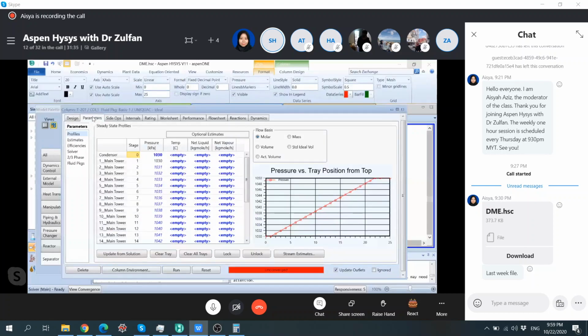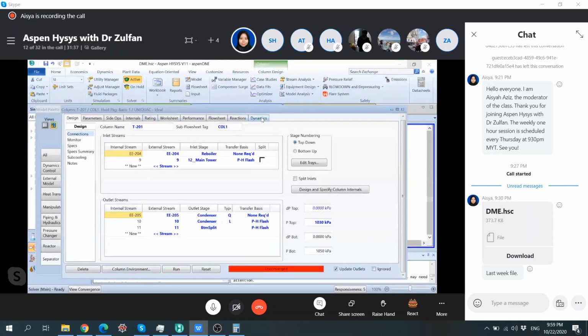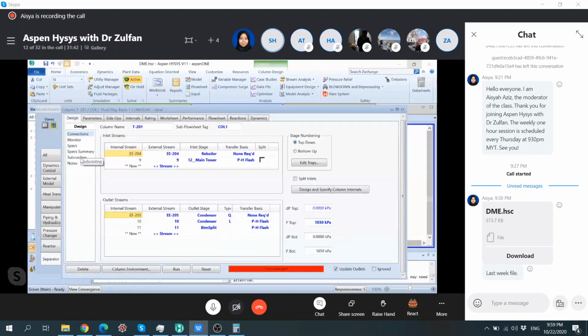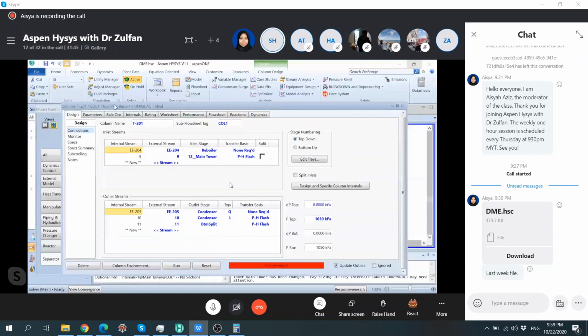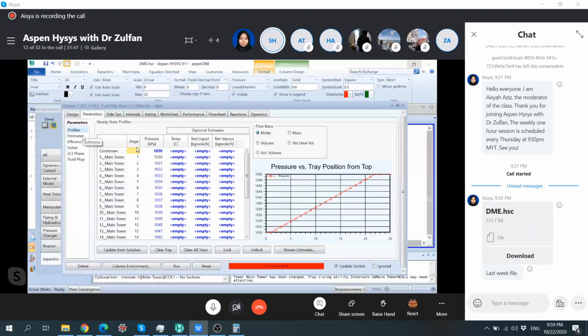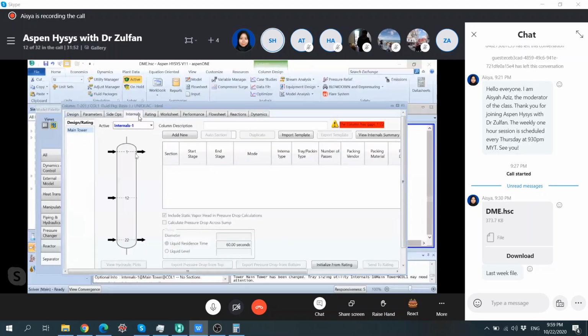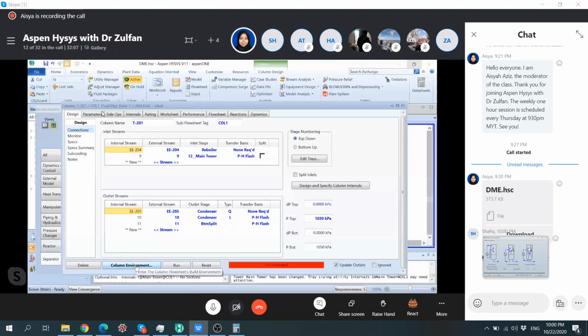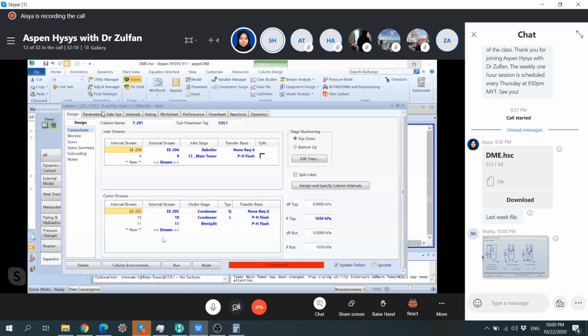Yeah, let me check. Where is that thing? I can go to parameters maybe. No. Internals is normally the column only. I don't know how to go back as well. Is it this one here? Column environment will be in the detail, but I'm not really sure.